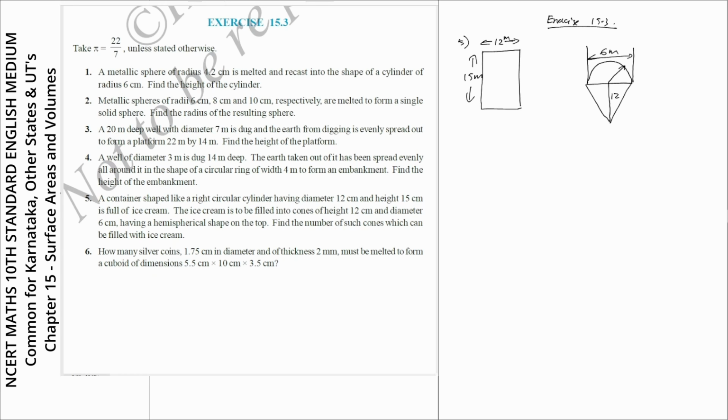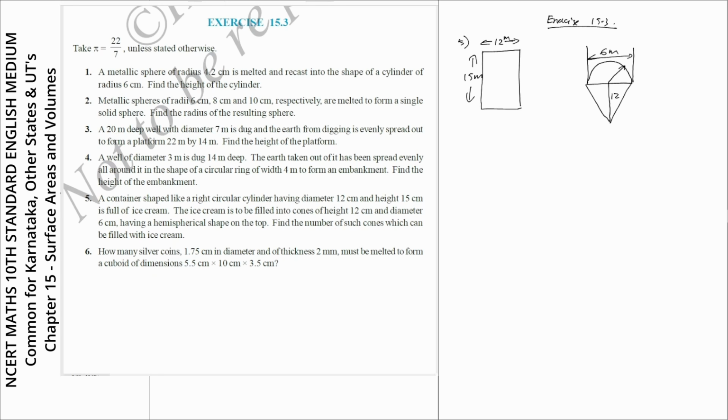So there is a cylinder whose height is 15 and diameter is 12. The cylinder is full of ice cream, and this ice cream should be poured into cones such that a hemisphere is formed on the top.